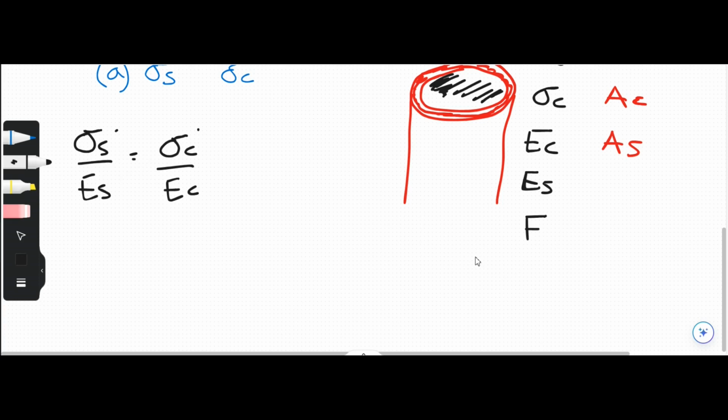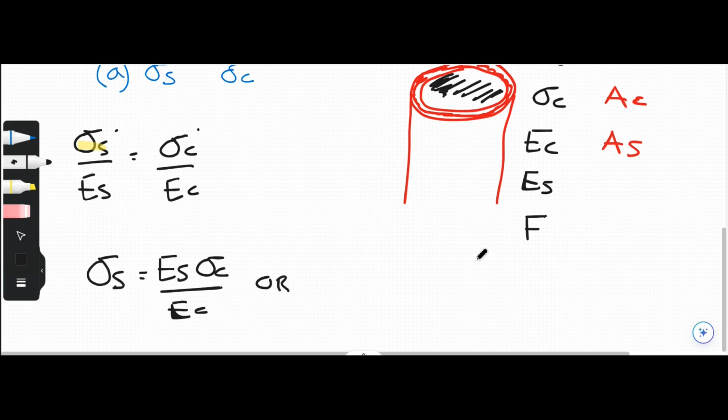So what I'm going to do is rearrange this formula for the stress in the steel, so there's 1 unknown. Watch this. Stress in the steel equals Young's modulus of the steel times stress in the concrete, all divided by Young's modulus of the concrete.